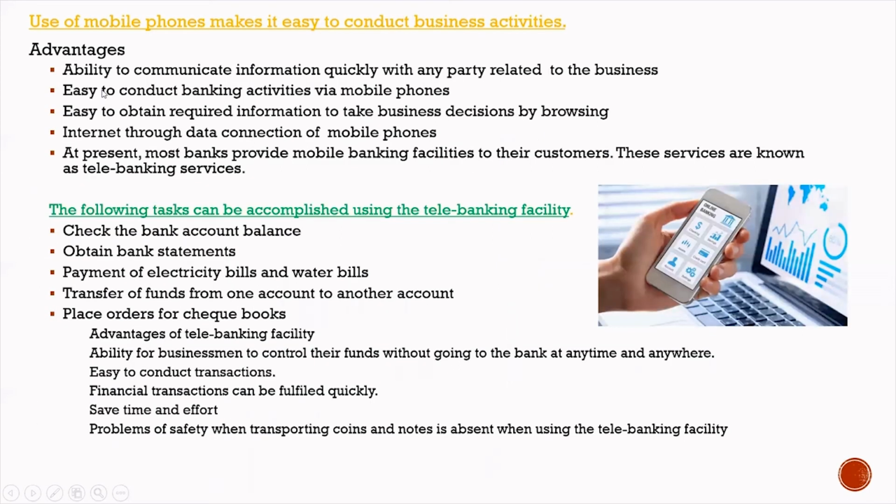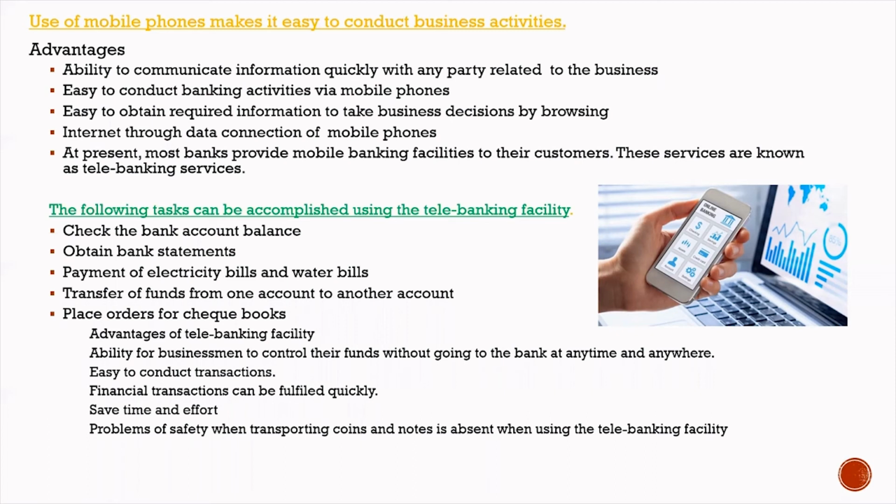Next, we discuss how mobile phones help in conducting business activities. You understand by now that most of our parents and we ourselves have mobile phones in our hands. Similarly, using mobiles or technology will help us to conduct our business activities more accurately. So what kind of advantages do we have?